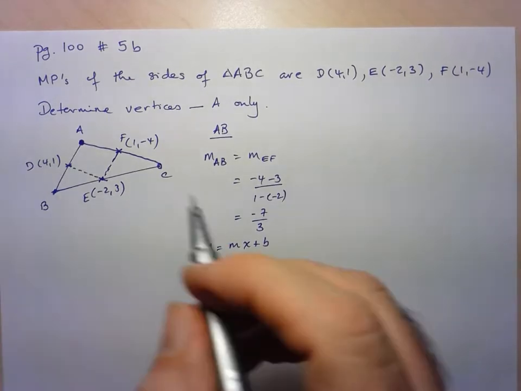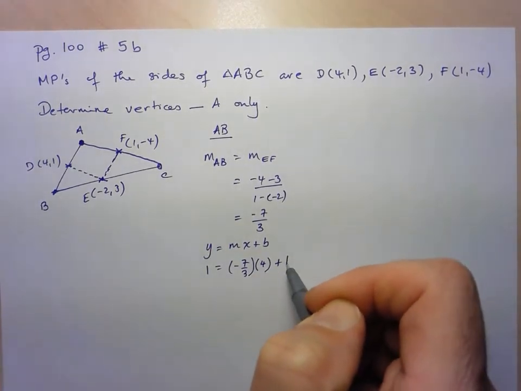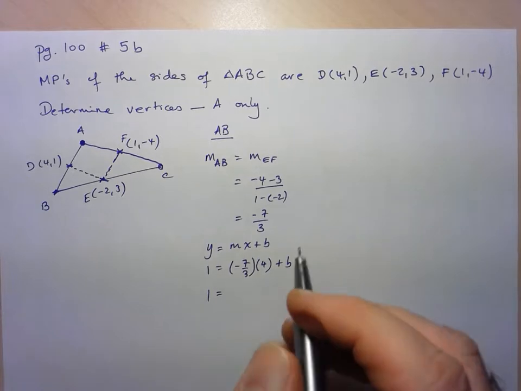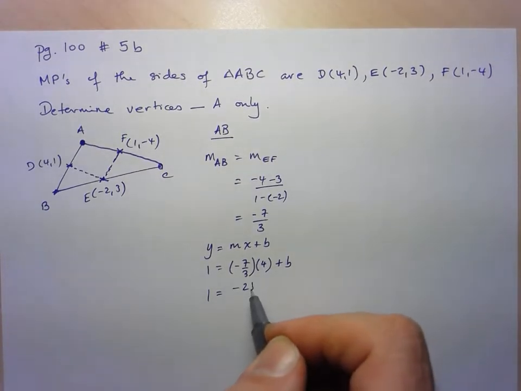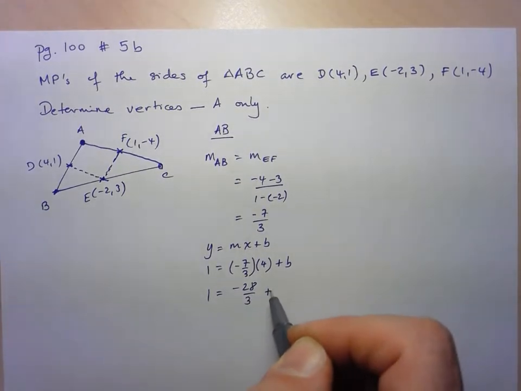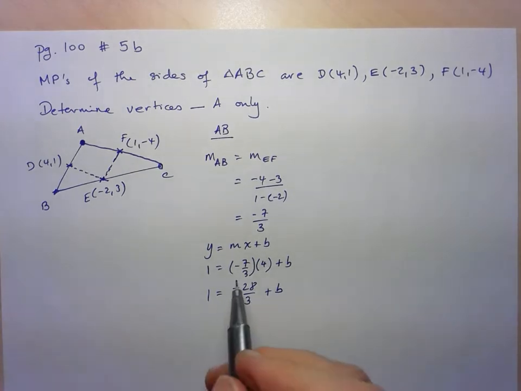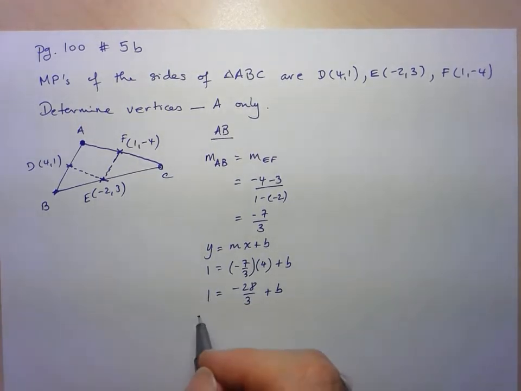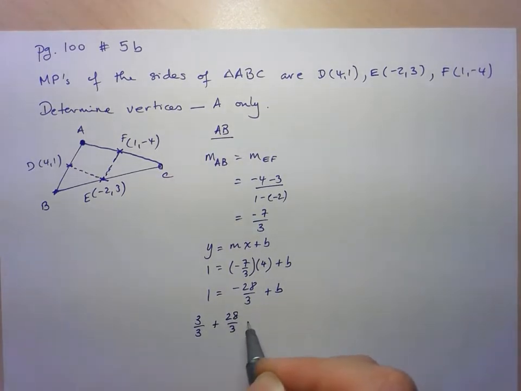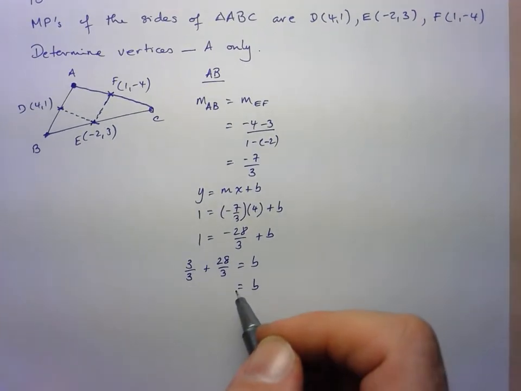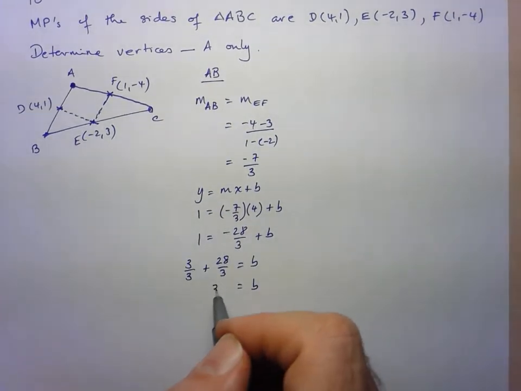X is equal to 4, plus b. So here we have 1 equals -28/3 plus b. I'll bring this to the other side, and I might as well change this to 3/3, plus 28/3 equals b. So b is equal to 3 plus 28, which is 31/3.